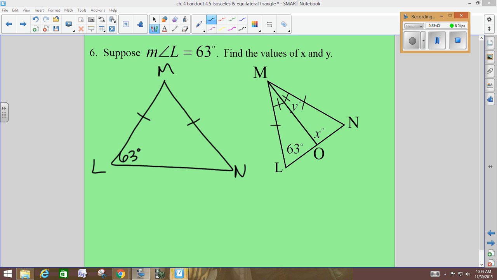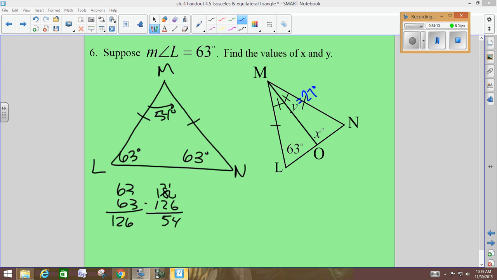One way you could do this, if you look at just the big triangle, 2 congruent sides means there's 2 congruent angles, so those both would be 63. 126, 180 minus 126, 54. So this whole angle up here is 54 degrees. Now if I take that and put it back over here, what's happening to that whole angle? It's being cut in half. So if this whole thing is 54, what's each half? 27.